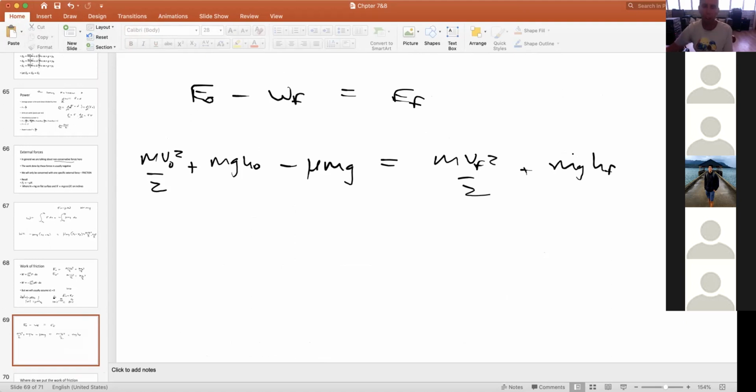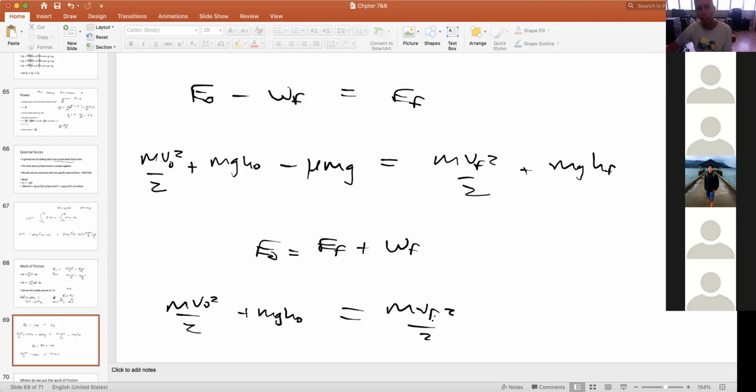Or you could move it to the other side. You could say E initial is E final plus work of friction, which would mean the same thing that we did here, but now it's really important that you understand where to put friction, because energy is not conserved anymore.